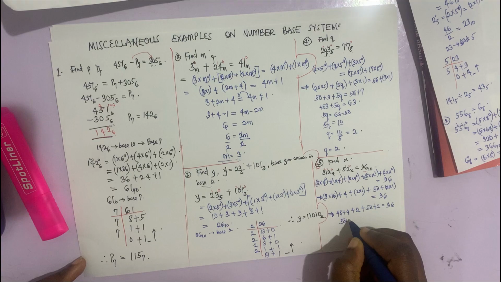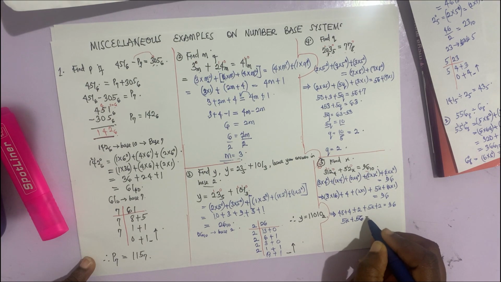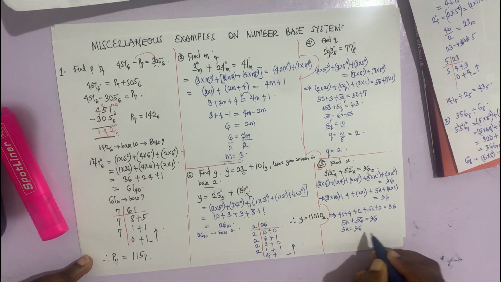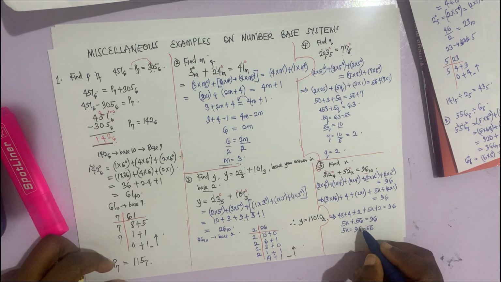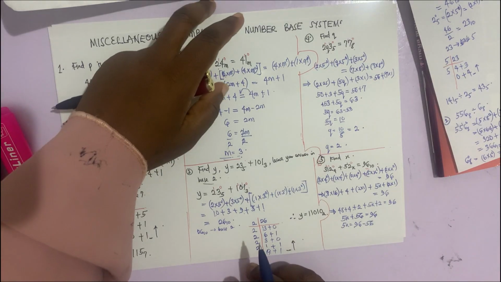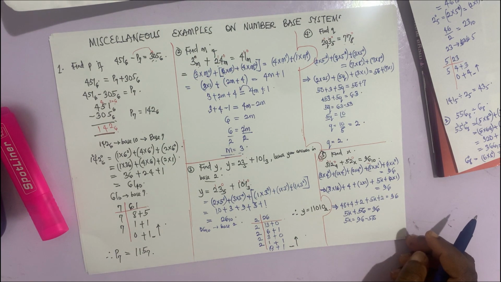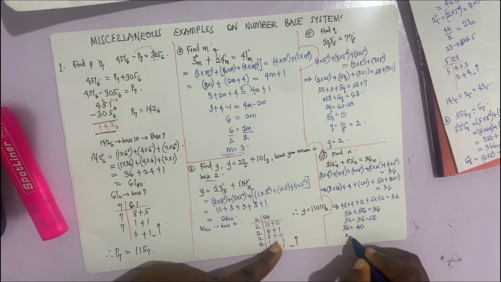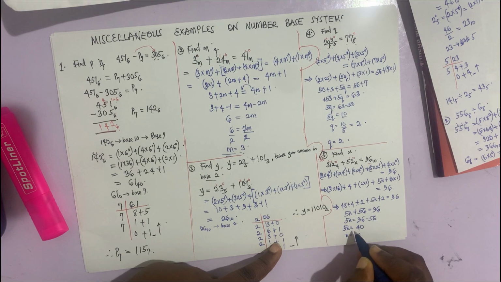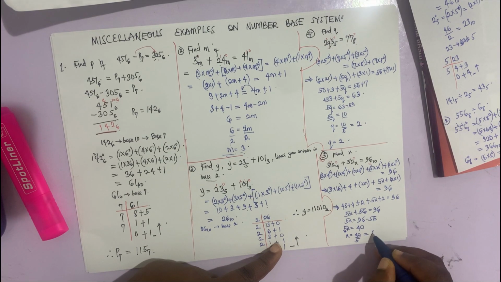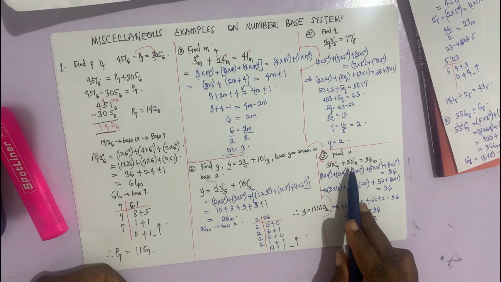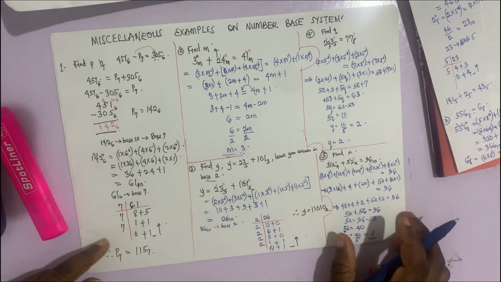So 5x plus 56 is equal to 96. 5x is 96 minus 56, because this plus 56 crosses to the other side and adds a negative sign. So 5x is equal to 40. x is equal to 40 divided by 5. We divide both sides by the coefficient of x, which is 5. And that will give us 8. So 52 base x is actually 52 base 8.